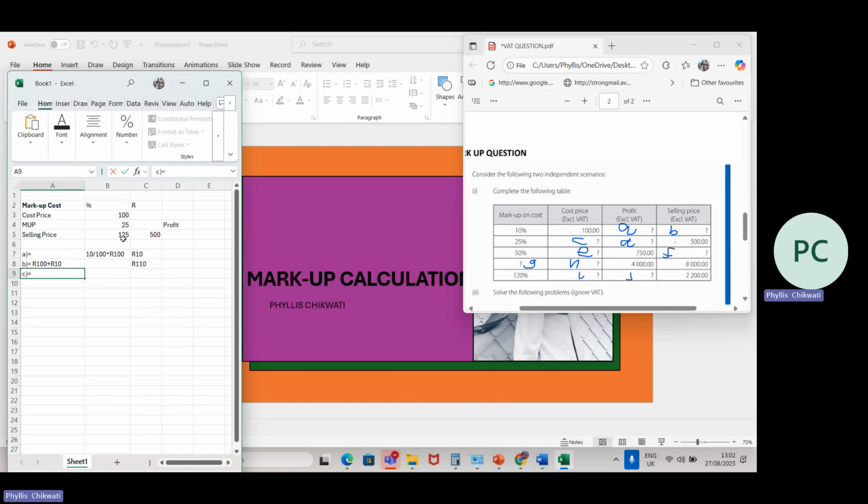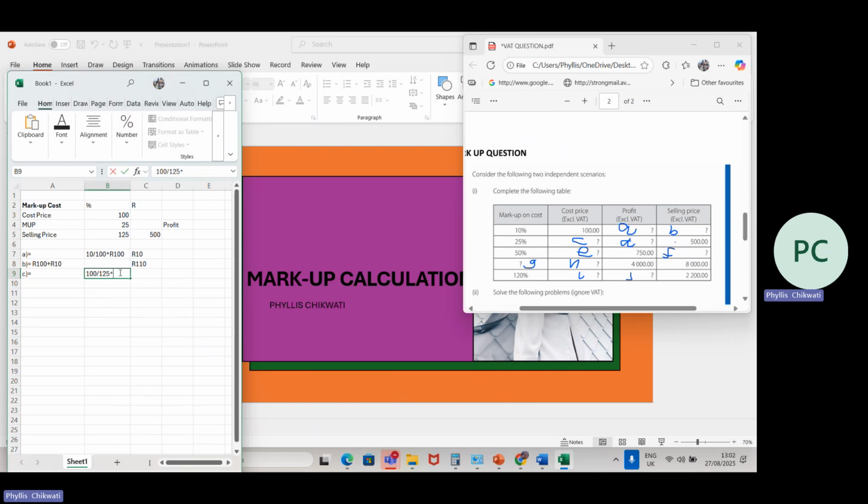That will be your cost price percentage, that is 100, because we need the cost price, and then we divide that by 125. Why 125? Because we have the rand value of our selling price. Therefore, we must use the percentage denominator of our cost price of our selling price.